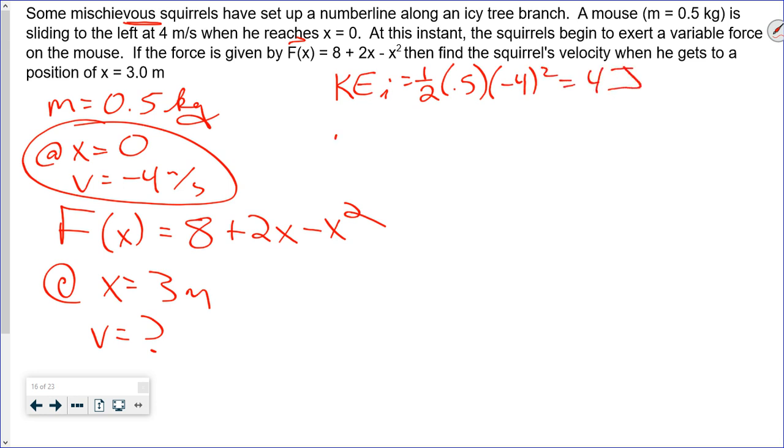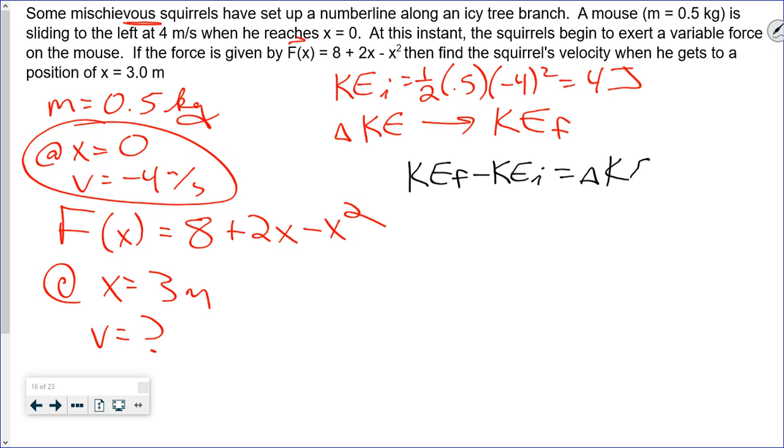All right, so if we can find the change in kinetic energy, we can use that to find the final kinetic energy, right? Okay, so here we go. KE final minus KE initial is equal to our change in kinetic energy.